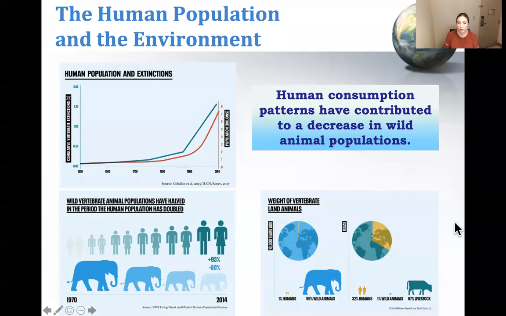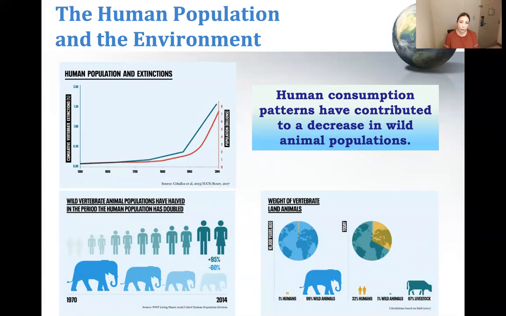Now, oops, it is 32% humans, 1% wild animals, and then you have 67% livestock. So we are using all this land that belonged to wild animals at one point and grazing our cattle, raising pigs, raising chickens.